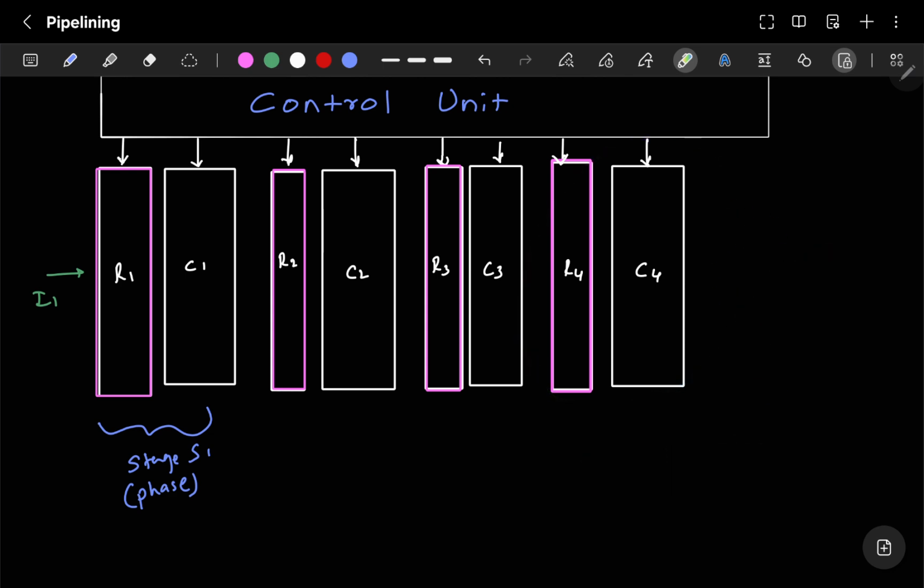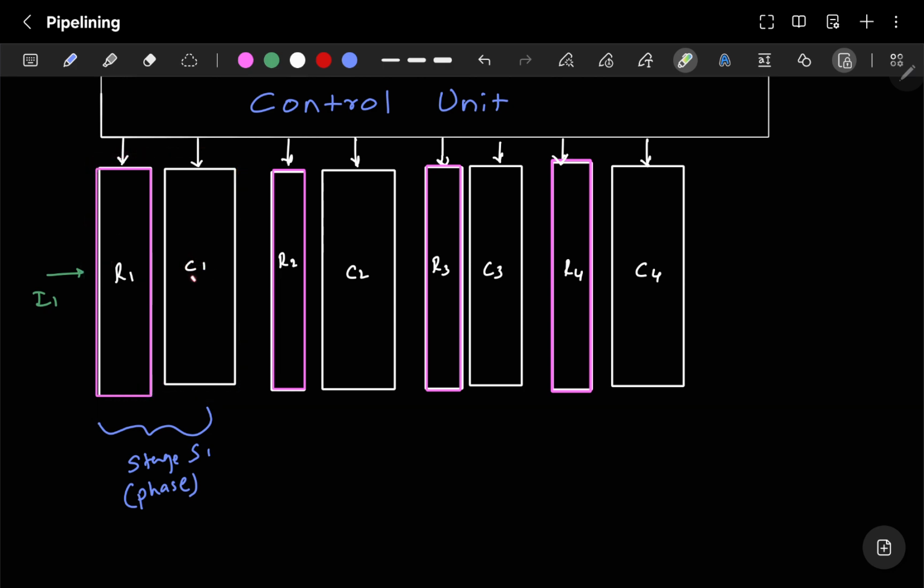Now you can clearly see this functional unit consists of a combinational circuit and a register R1. If we take one phase S1, this phase will contain a certain combinational circuit, that is C1. And before we give the data into C1, we have to store it in a register R1. That is the meaning of this particular functional unit.